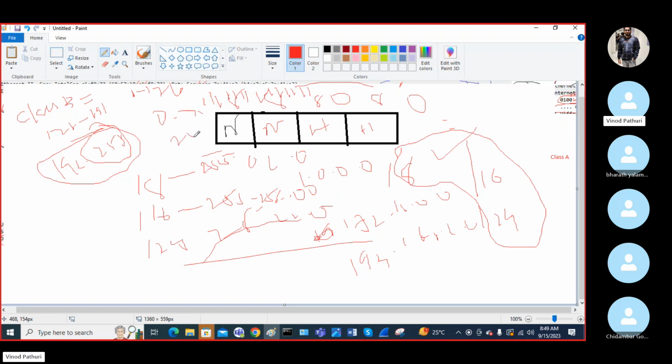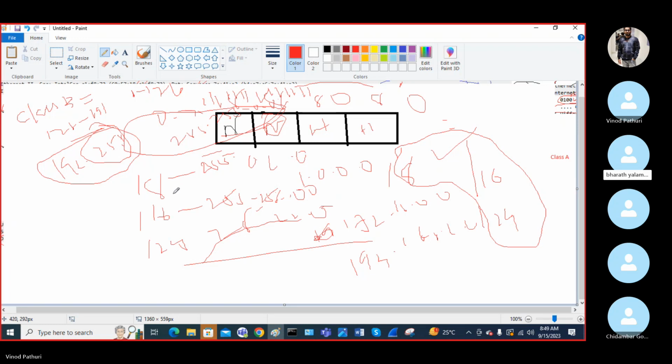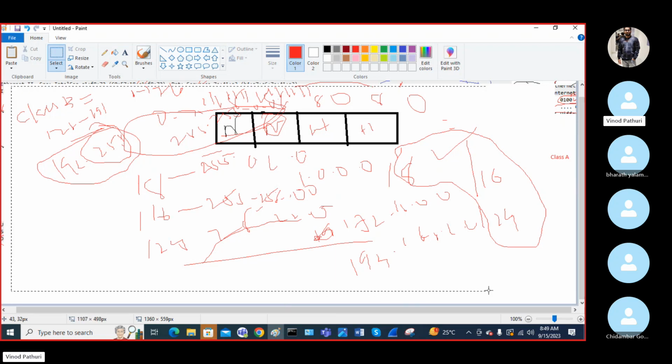So it is 255 dot 255 dot 0 dot 0. That's how they are calculating. If I give any IP, you will calculate the subnet mask, right? Yes. Okay, that's fine.